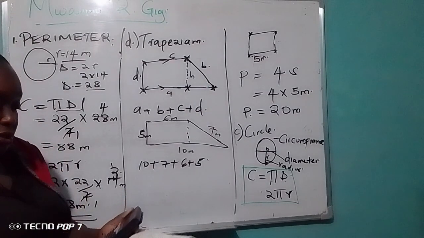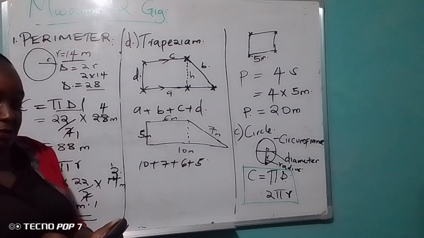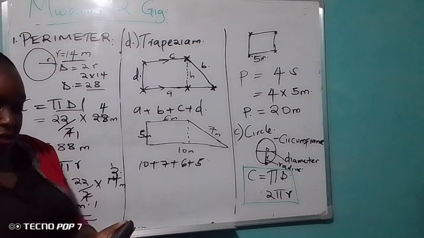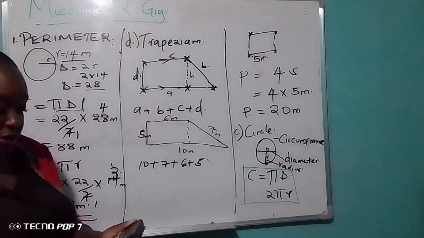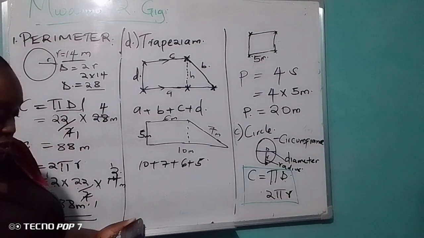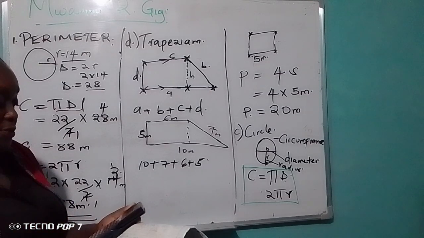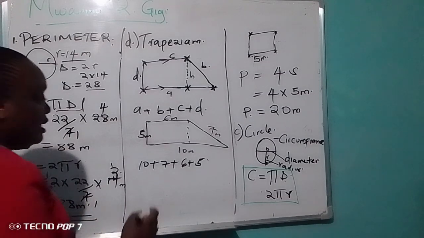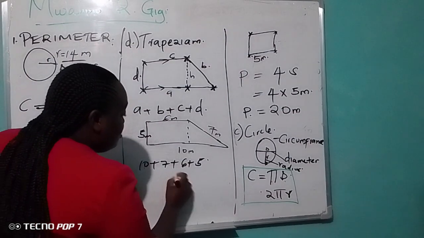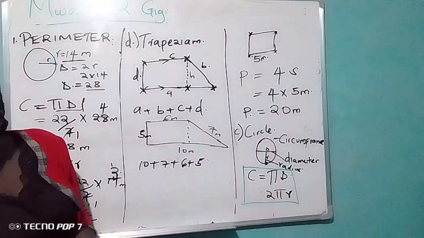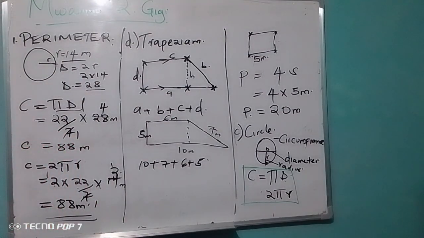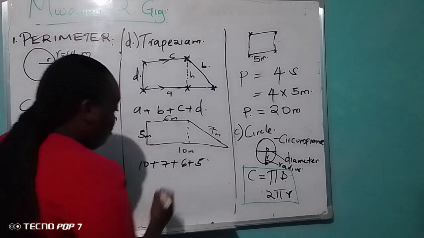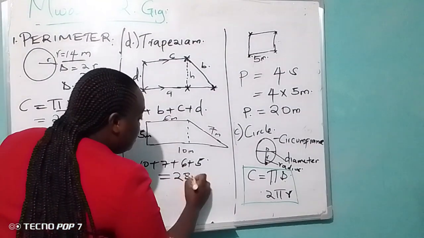So tumesema ni 10 plus 7 plus 7 plus 6 plus 5. Sasa tufanyaje hesabu bila calculator? 28 meters.